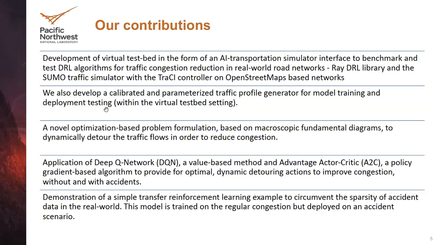And finally, we demonstrate a simple transfer reinforcement learning example, wherein we train on just a regular congestion and deploy it on the accident scenario, to show that in a real world setting where not a lot of data is available about accidents, we can just train on the congestion scenarios and deploy it for the accident scenarios.